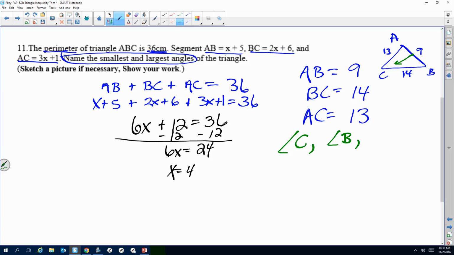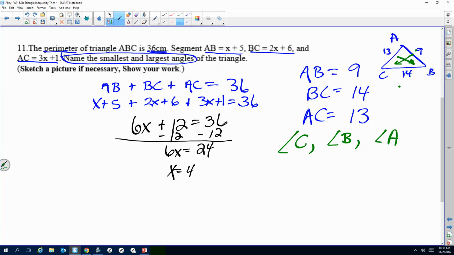It goes smallest to largest. 9, 13, 14, right? So opposite 13 is B. Oh, just the smallest and largest? Oh, okay, well, we need to make sure we know how to do that. All right. And then angle A.